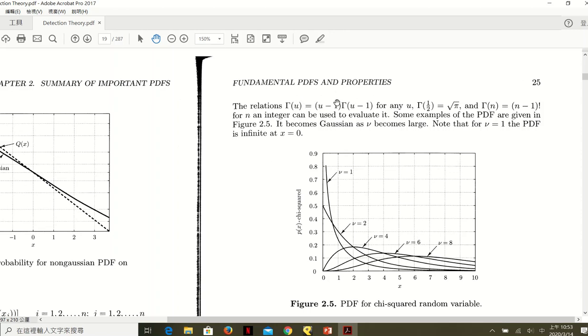You get a lot of values for this argument as an integer. And in fact, when n is an integer, then that gamma is n minus 1 factorial.